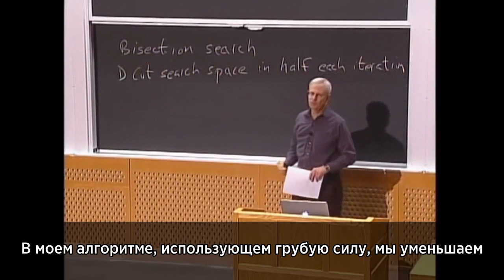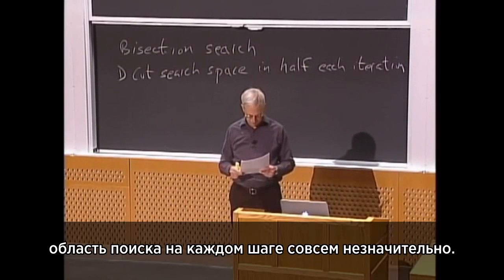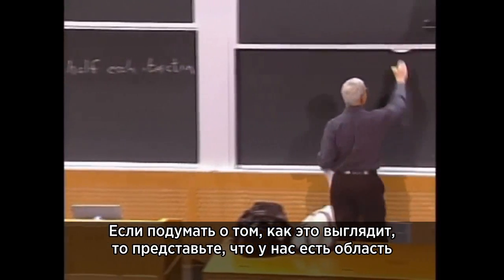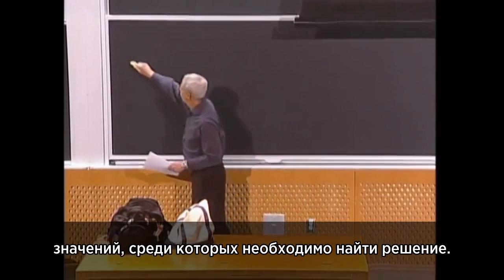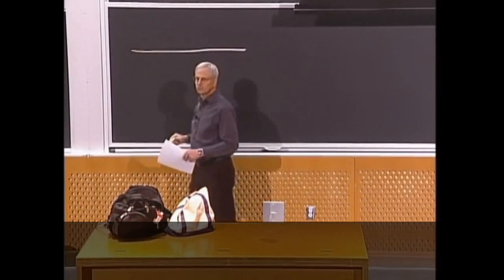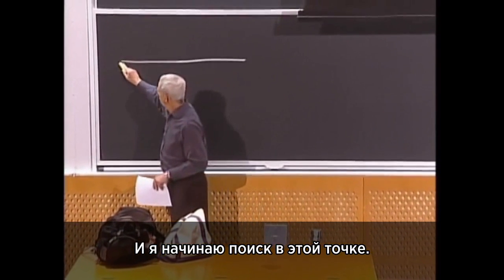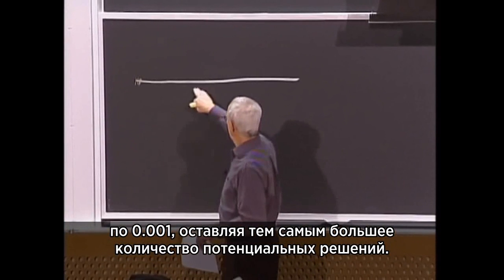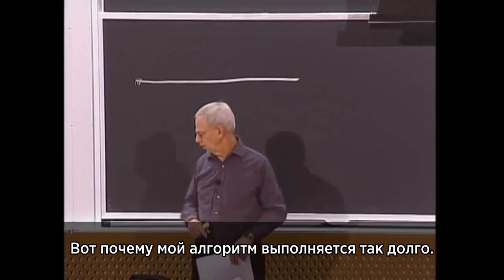With my brute force algorithm, we're trimming the search space only a little bit each step. We had a space of values to search for the answer, and I started here, and each step I just trimmed off a tiny, tiny little bit, 0.001. Leaving me a lot of space to search. And that's why it took so long.